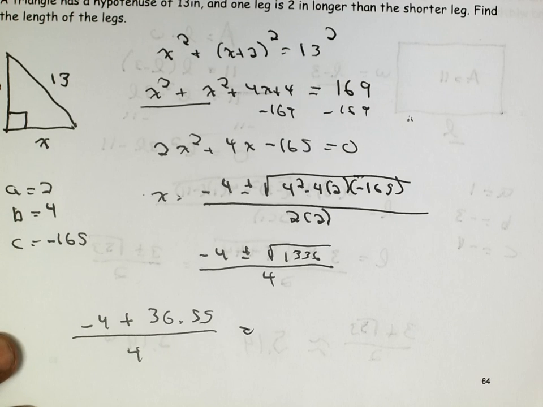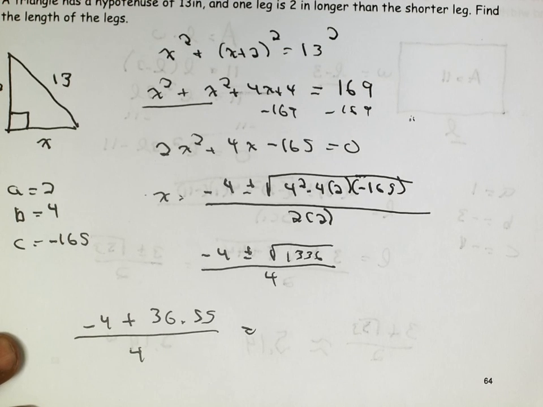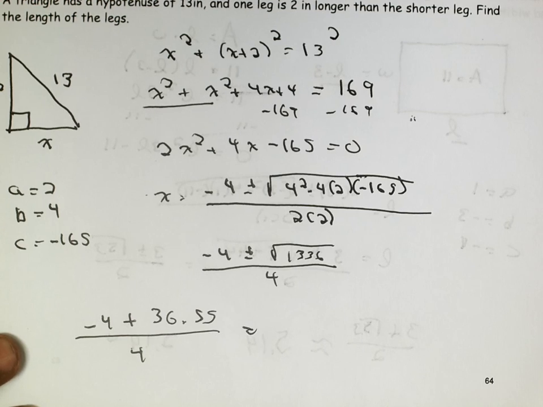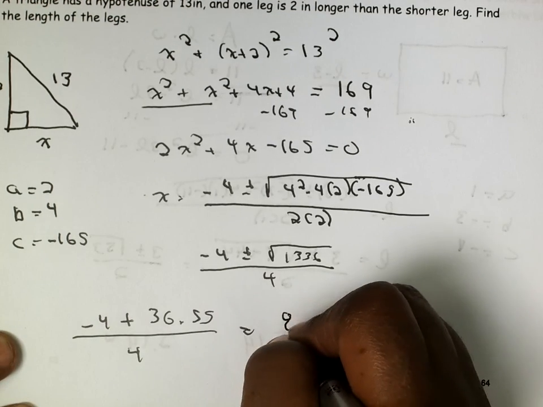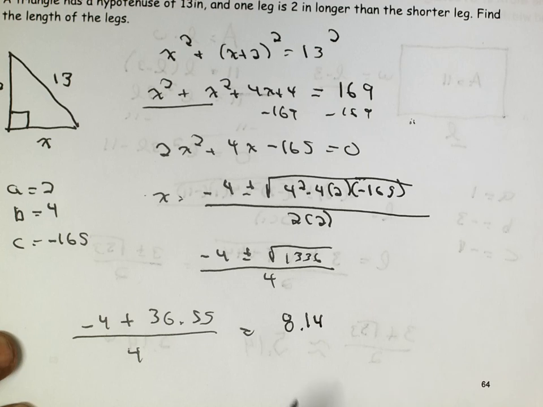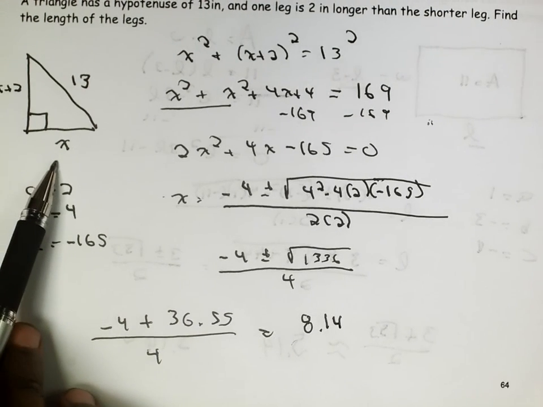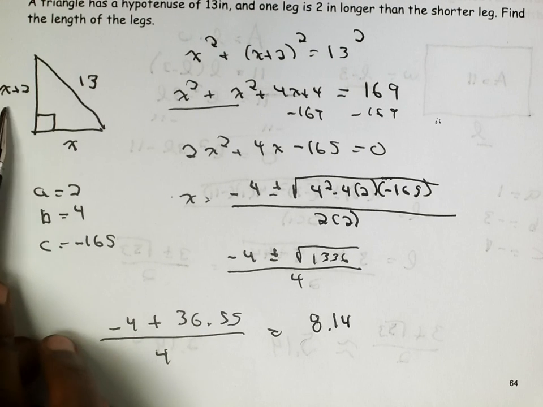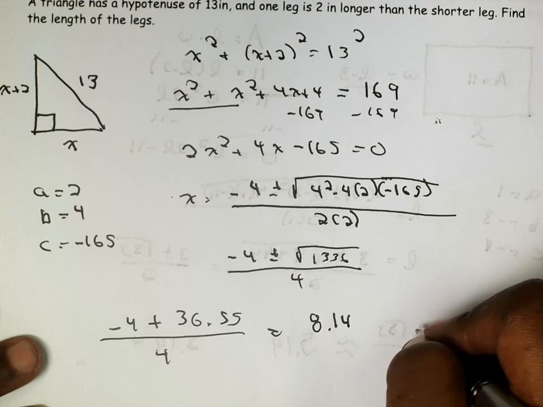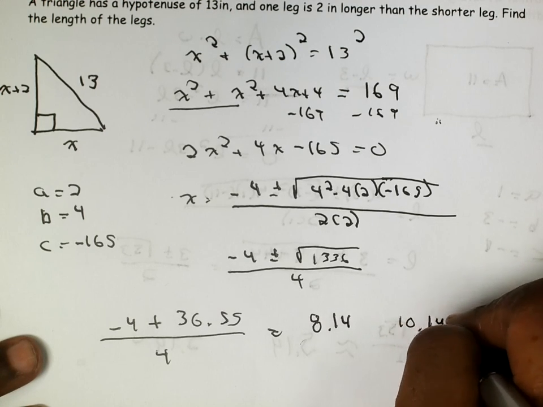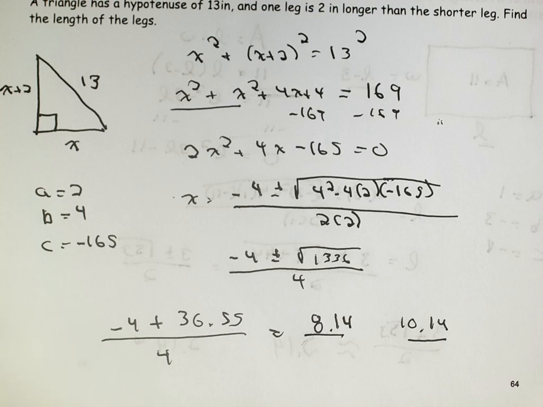So subtract 4 from that and divide by 4, and I get 8.14. So 8.14 is going to be my shorter leg. And then add 2 to that. 10.14 would be the longer leg.